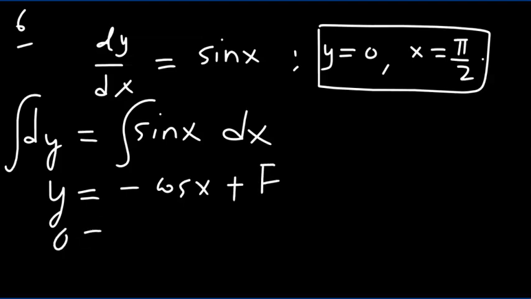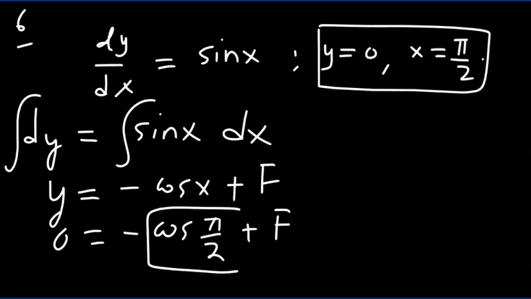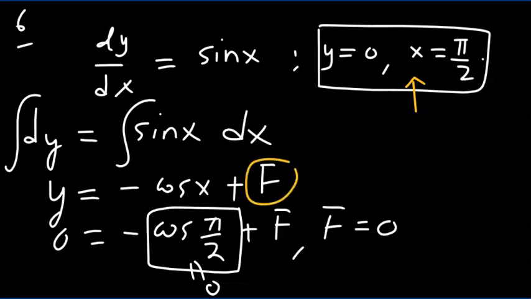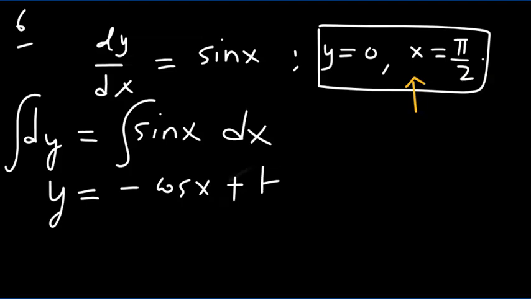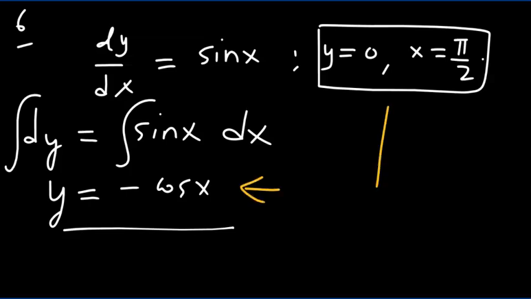So when x is pi over 2, y is 0, so 0 equals minus cosine of pi over 2 plus f. Now cosine pi over 2 is 0. That means f is 0. So under a different set of initial conditions, the arbitrary constant has a different value, 0 in this case. So the particular solution becomes just that. So you see how the particular solution is dependent on the initial conditions provided.